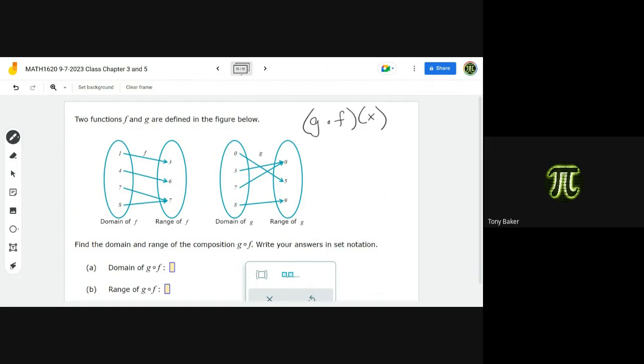If we were doing this problem, remember we start from the inside. So the F of X is first, right? And then whatever I take from that number, the F of X is now going to be going into G of X. So let's start with 1. If I plug in 1 it goes to 3, correct? Yes?